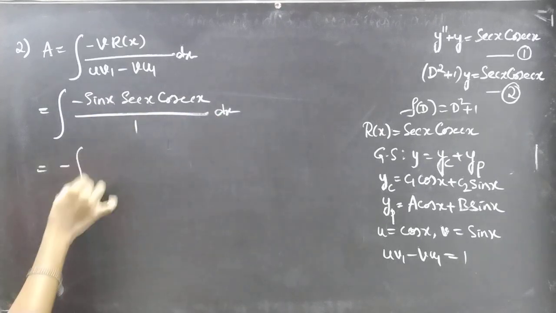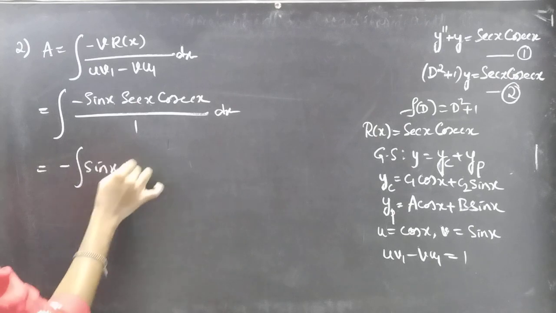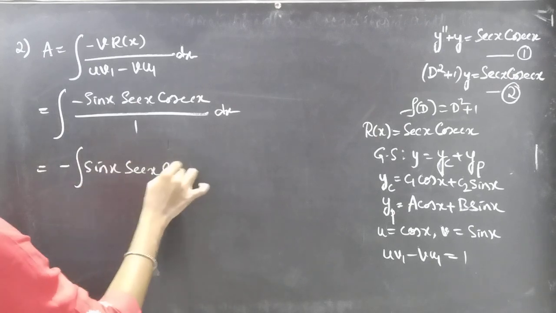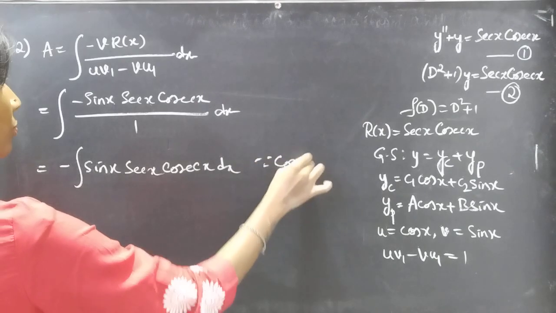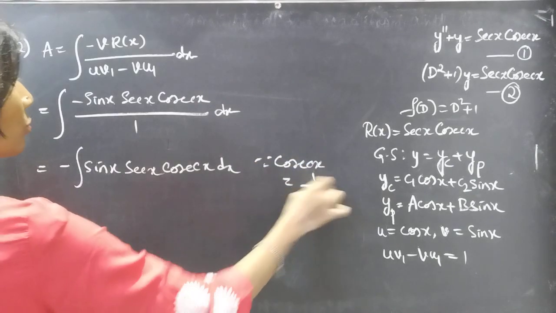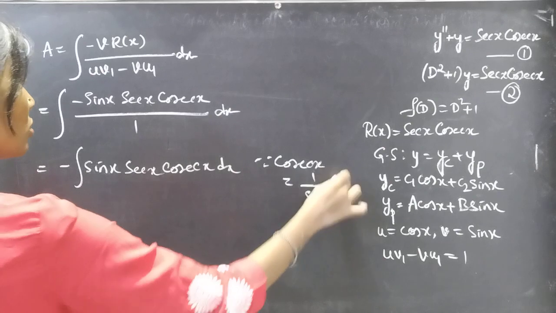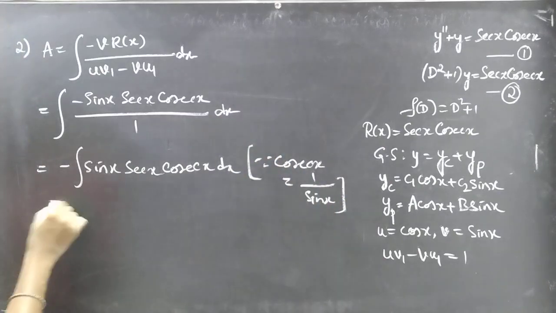This gives us minus integral sin x secant x into cosecant x dx. Since cosecant x is the reciprocal of sin x, let's replace cosecant x in the next step.